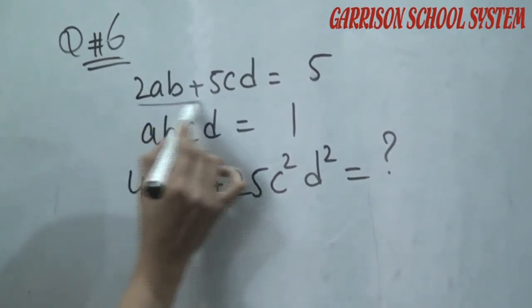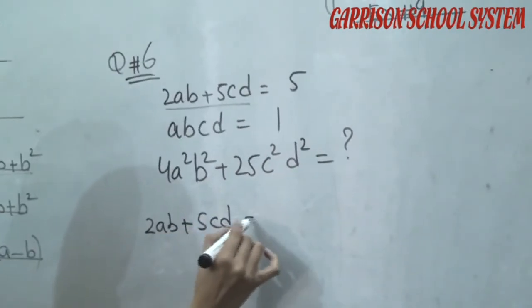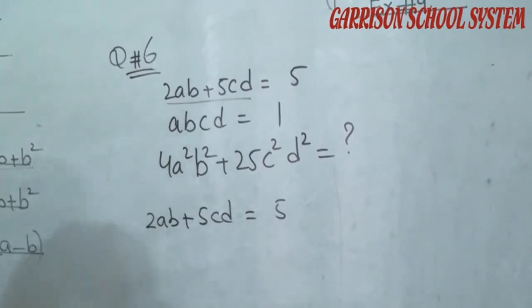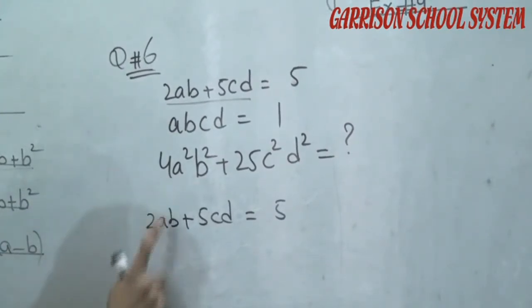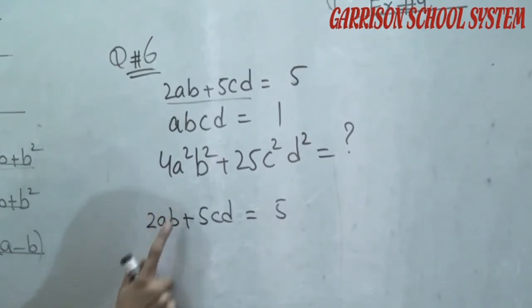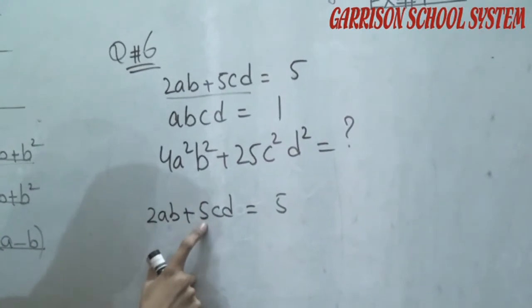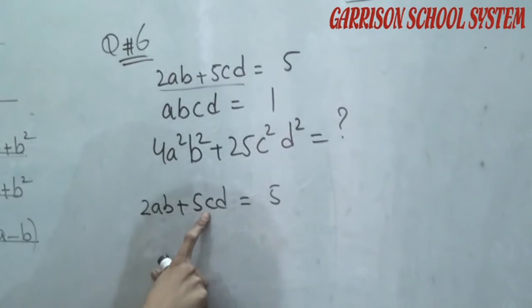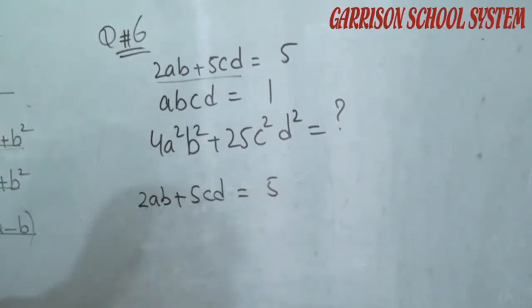If I take this 2ab plus 5cd is equal to 5, and take the square on both sides, what will it produce? 2 square will produce 4, a square will produce a square, b square will produce b square, and 5 square will produce 25, c square will produce c square and d square will produce d square.